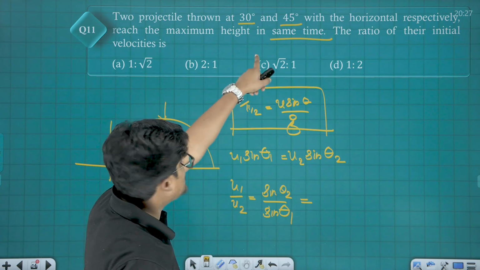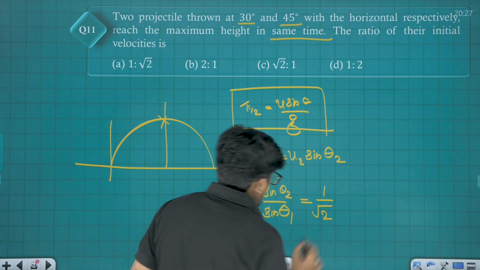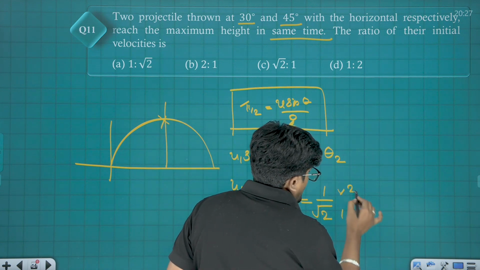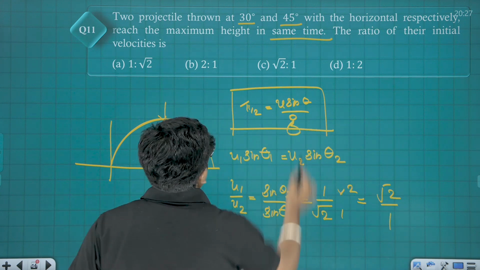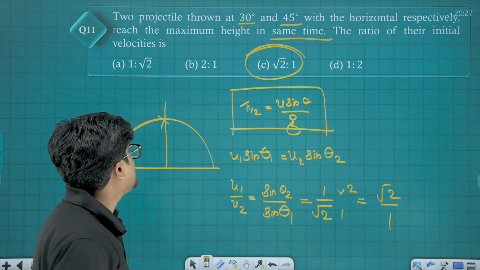What is sin of theta 2? 1 by root 2. And what is sin of theta 1? 1 by 2. So you are going to get root 2 upon 1, that means option C needs to be the correct answer.